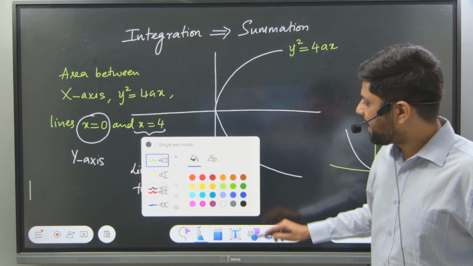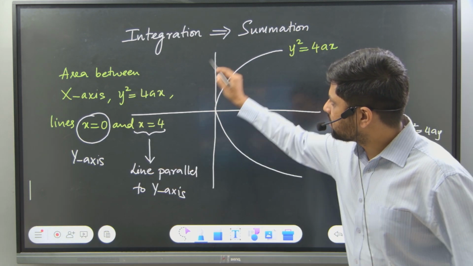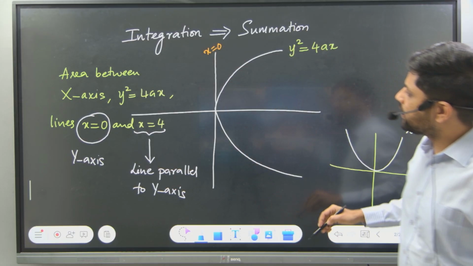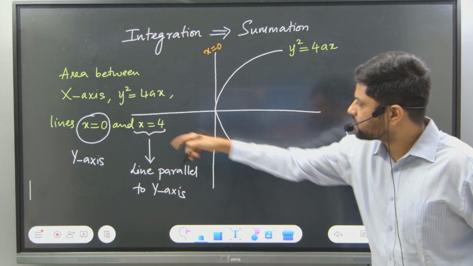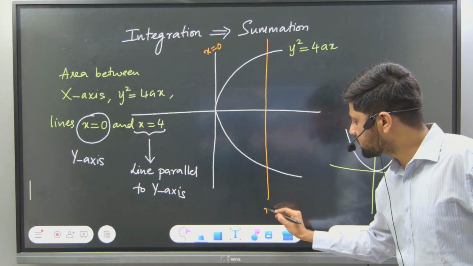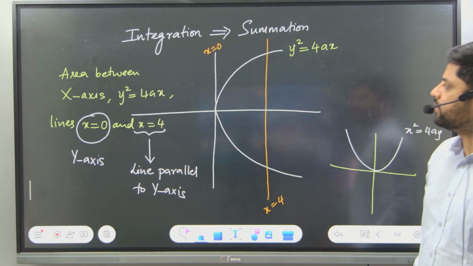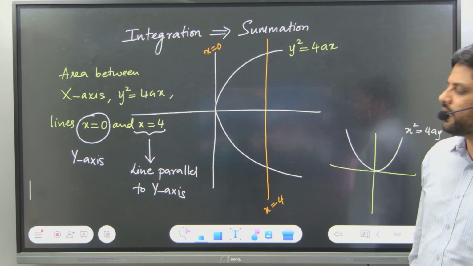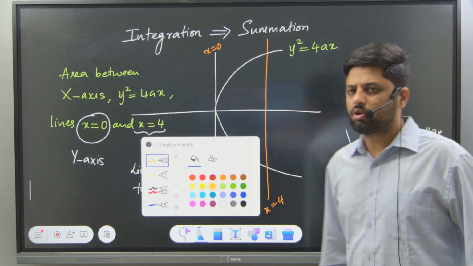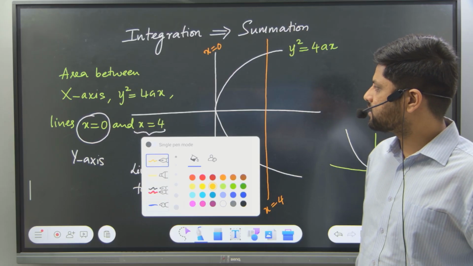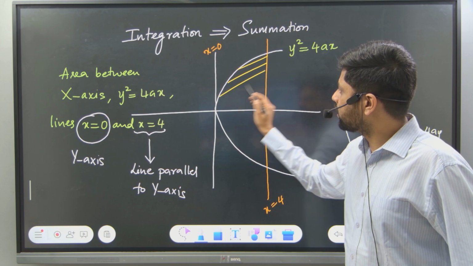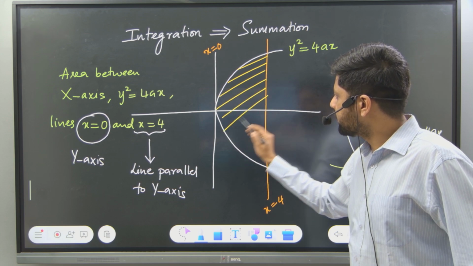Now, the line x is equal to 0 is this line. Where is the line x is equal to 4? It will be somewhere here. Now I want to find the area enclosed between the curve and these lines. So they are talking about this entire area.